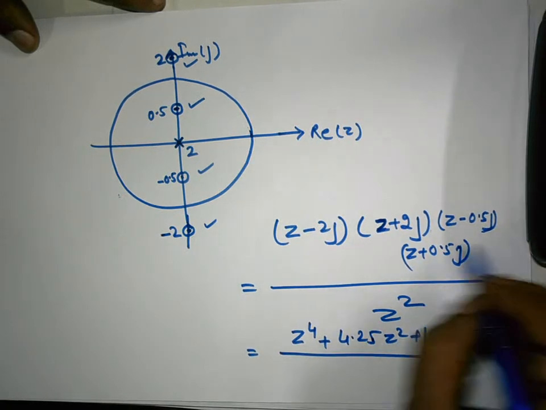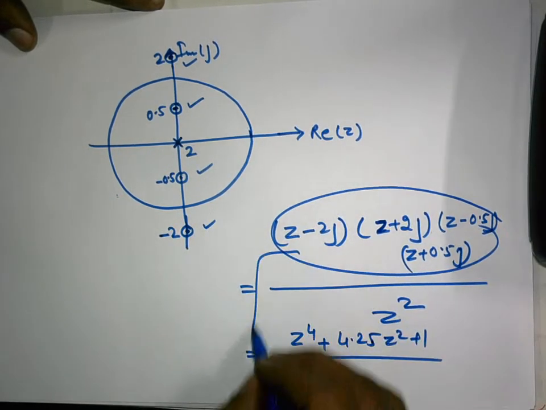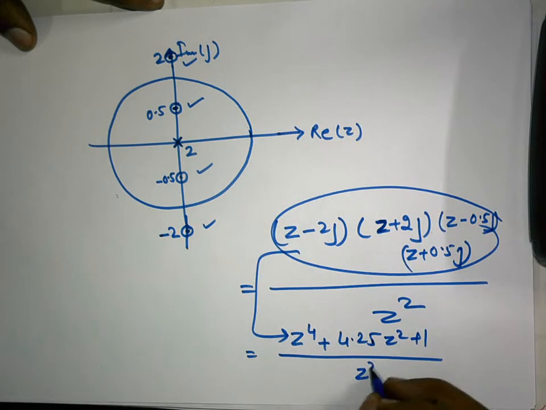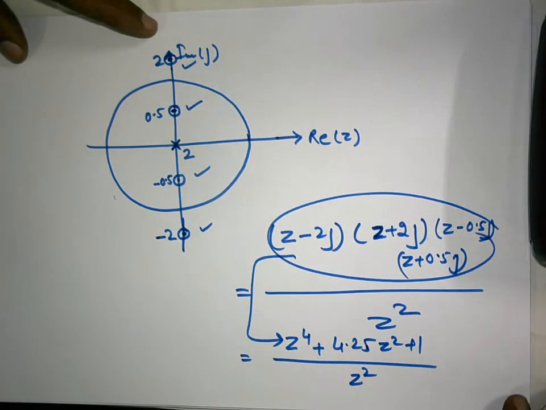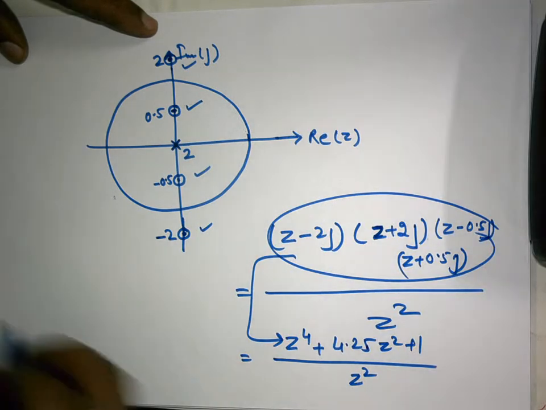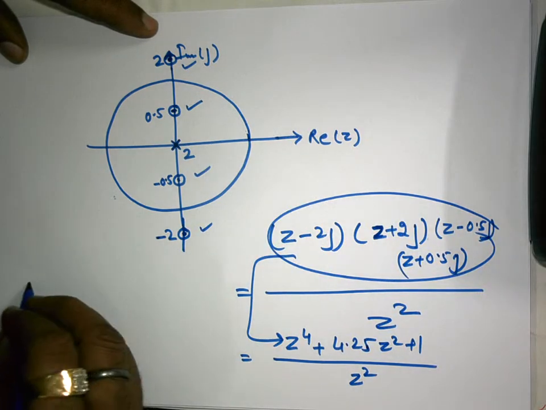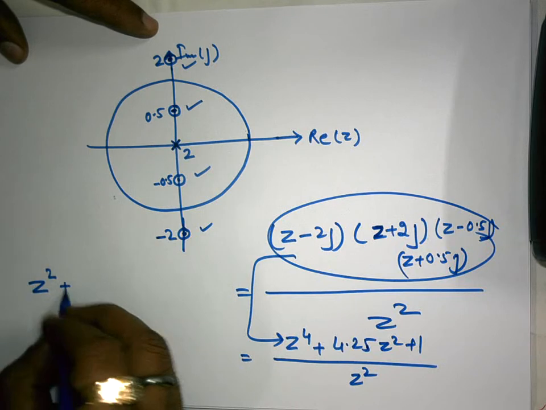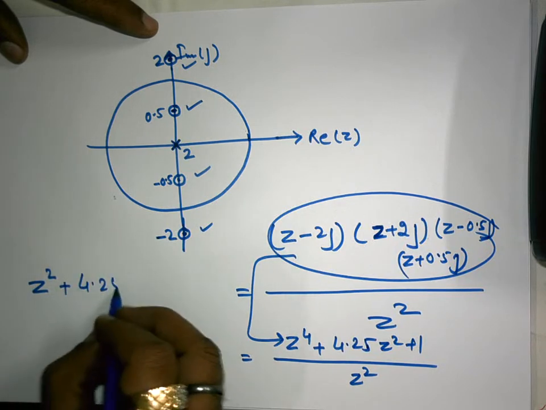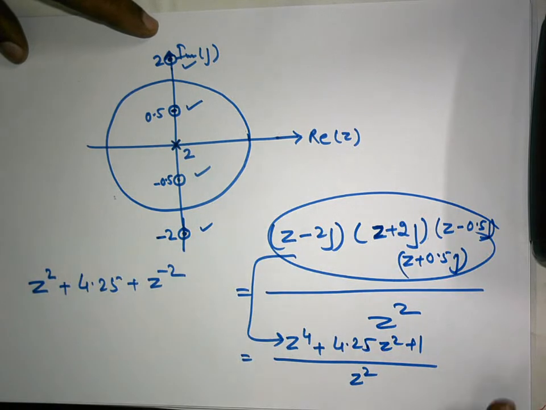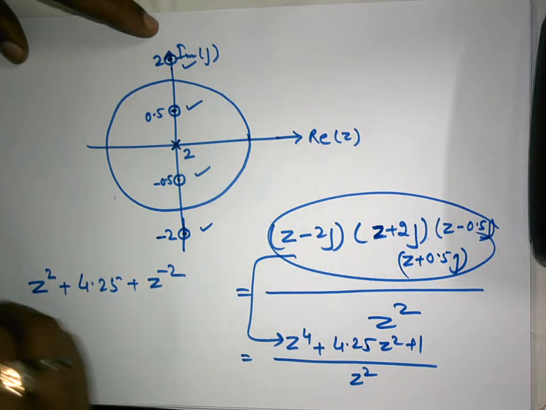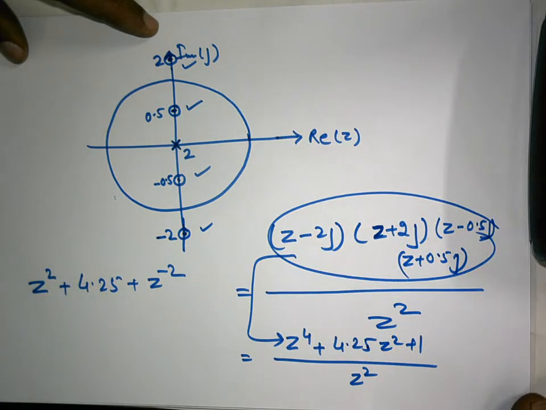This is the result of the multiplication of the numerator polynomial over z square. Now, if you further simplify it, it will be equal to z square plus 4.25 plus z to the power minus 2. This is your X(z). This is your X(z).